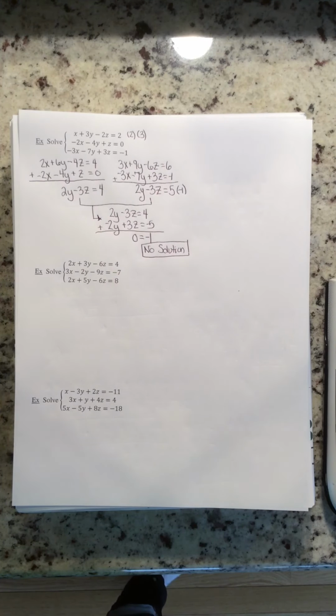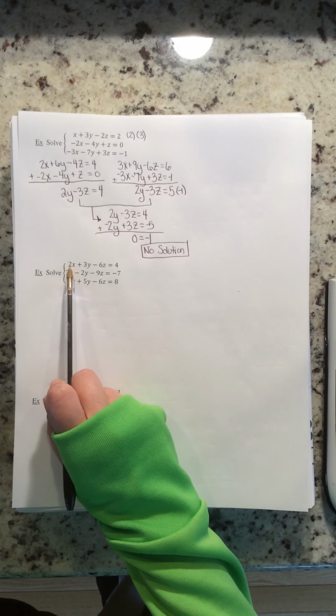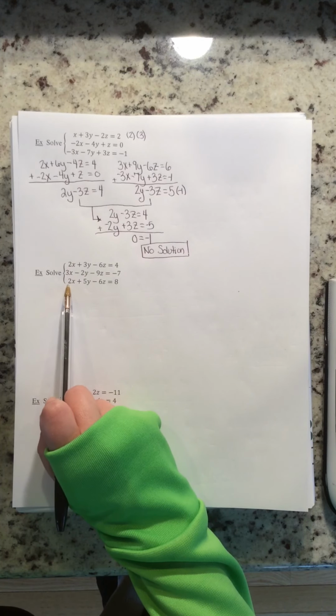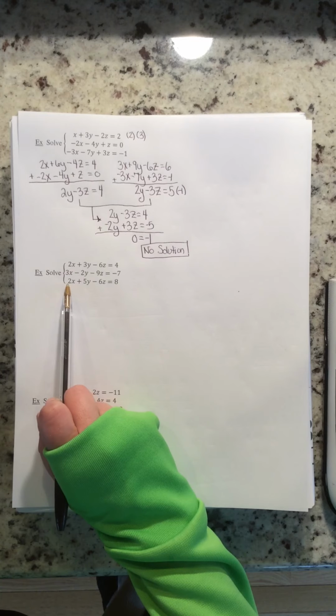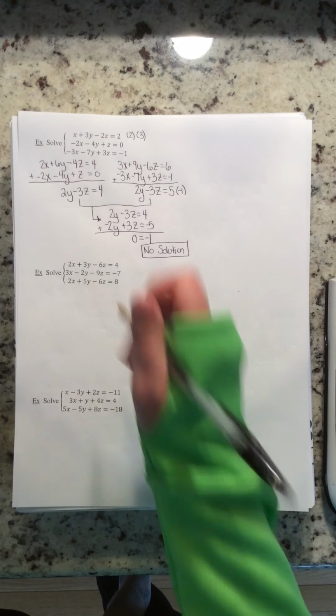This one's a little bit different. I would probably try eliminating x's in the first and the third equation to get started. So I would leave the top equation alone. That bottom equation, if I made that a negative 2, x would go away.